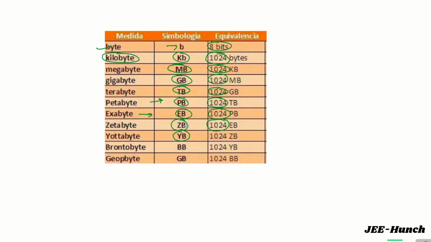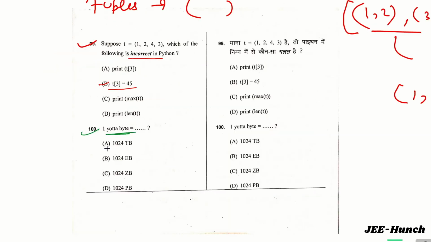So our question 100 was: 1 YB is equal to what? 1 YB is equal to 1024 ZB. Option number C is correct, 1024 ZB.